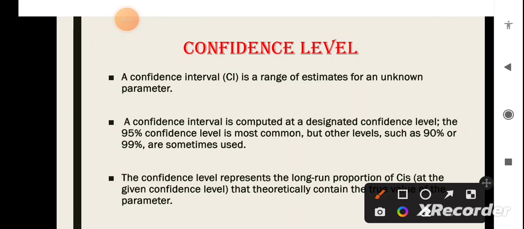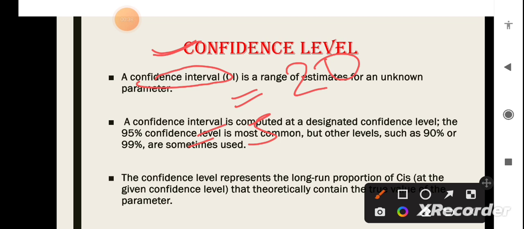Before learning about the value of alpha or level of significance, let's know about the confidence level. For example, if we calculate the mean of any sample, which comes out to be 20, and we take our confidence interval, which will be equal to maybe 5. So for this we have to first decide the confidence level.